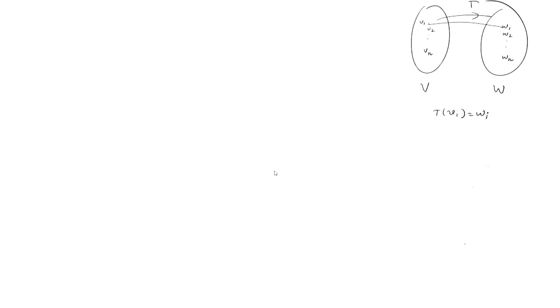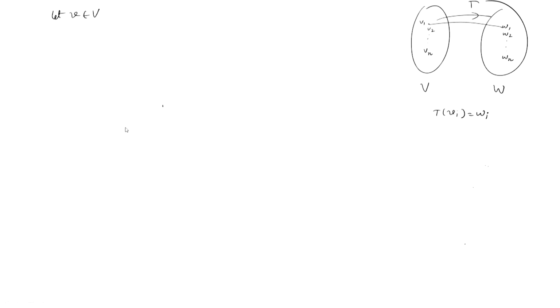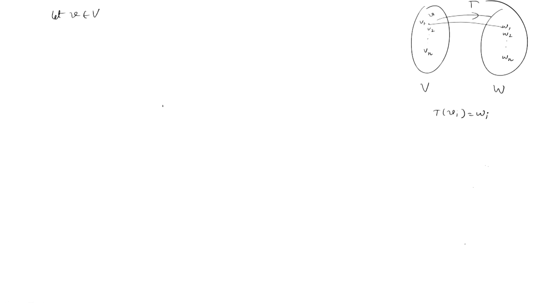You take any V belonging to the space, and we already know that V1, V2 up to Vn is an ordered basis for V. If it is a basis, this means any element V in this vector space can be written as a linear combination of elements of the basis, because the span of this will generate the entire vector space V. So, if you take any element V in this vector space, it can be written as a linear combination of the Vi's.